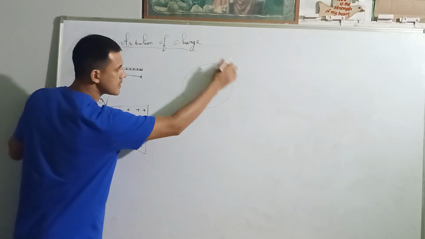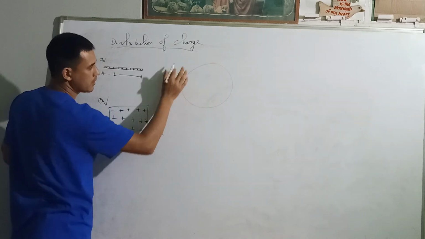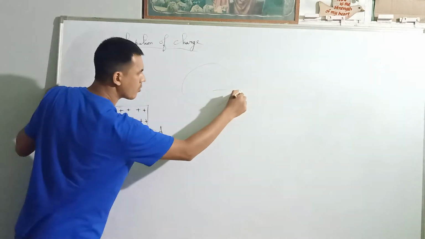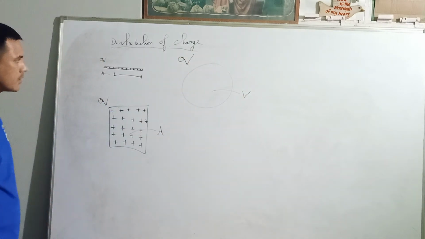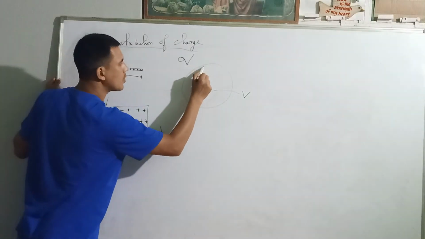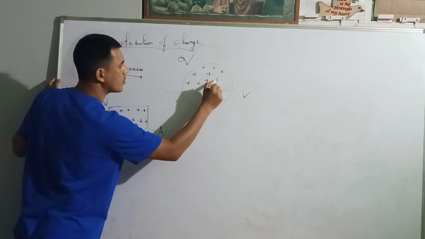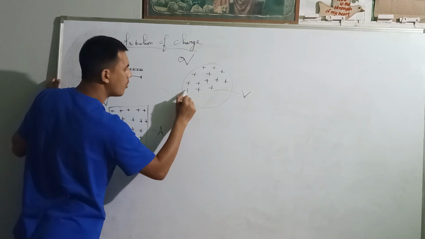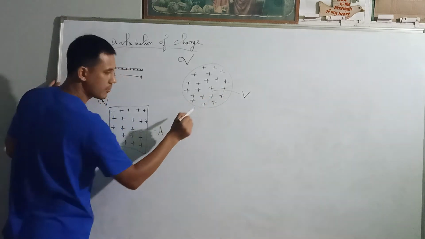So suppose there is a body in the form of a sphere occupying a volume V. Q is the total charge of this body. Then in that case, this charge Q will be uniformly distributed over the entire volume of this sphere. Are you getting me?